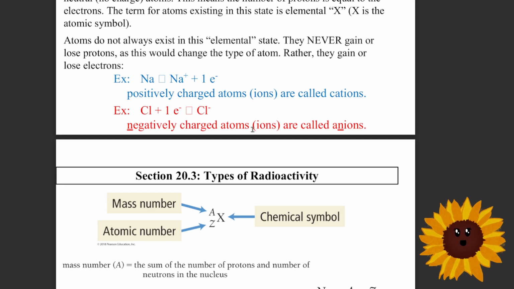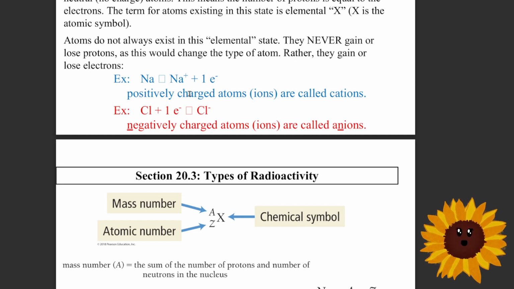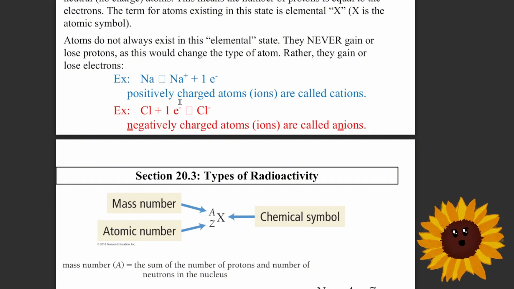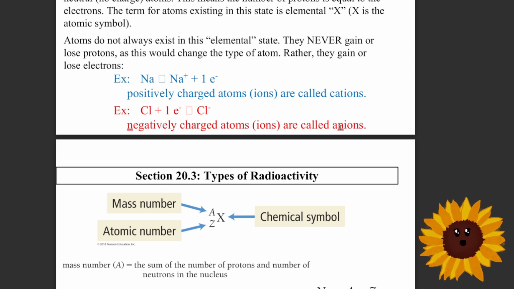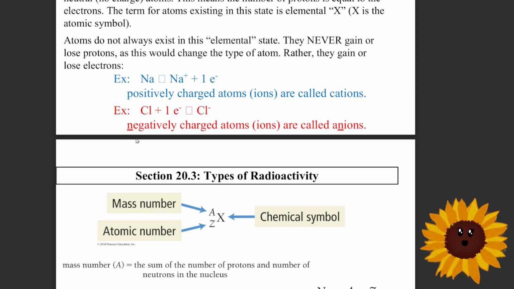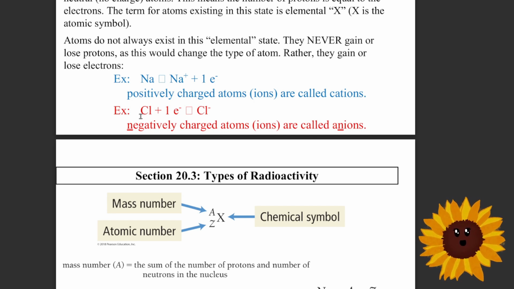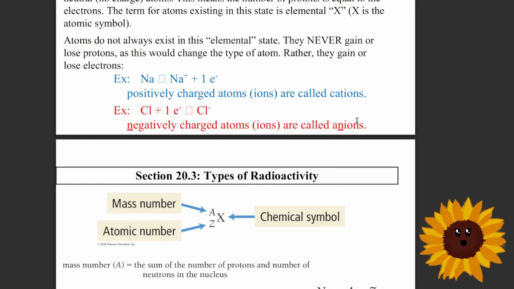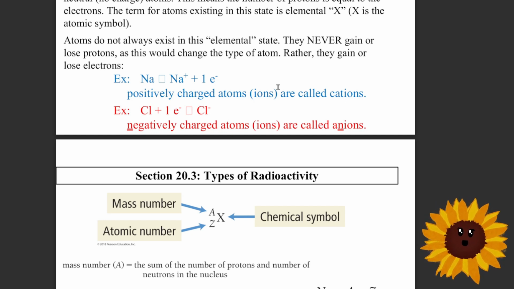Negatively charged atoms or ions are called anions, and positively charged ions are called cations. There are only two things we have to remember here: negatively charged anions, and then positively charged cations. If you remember anion is negative, the N at the beginning kind of negating that A, like anti-something, then the only other thing we have to remember is cations.